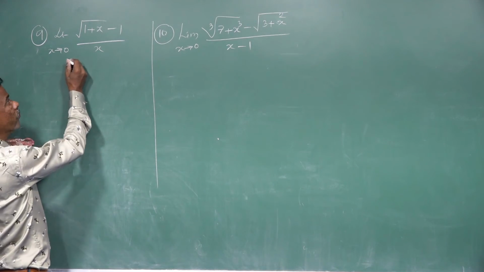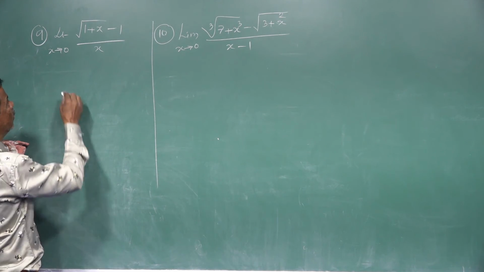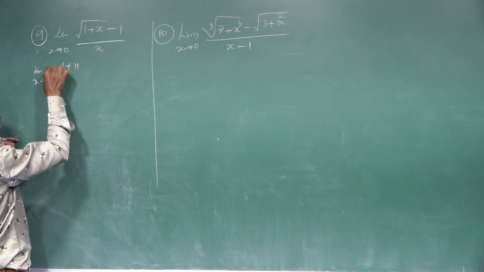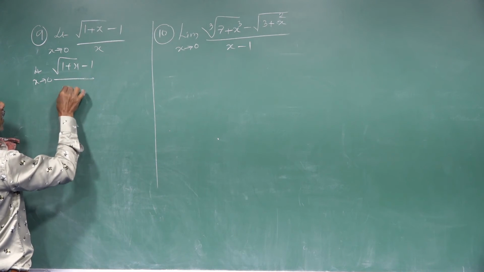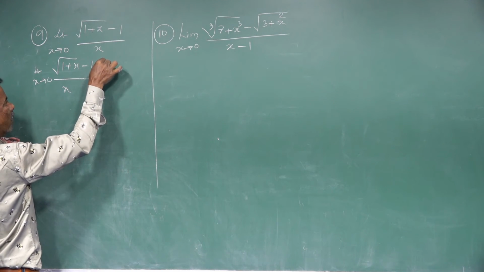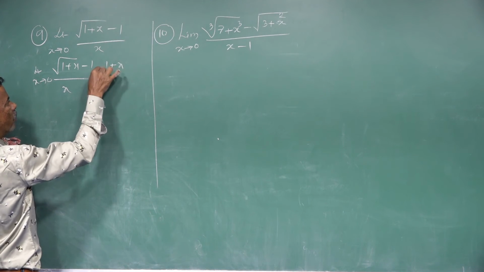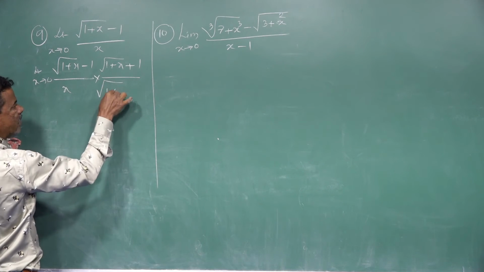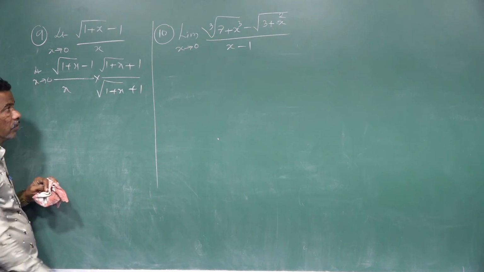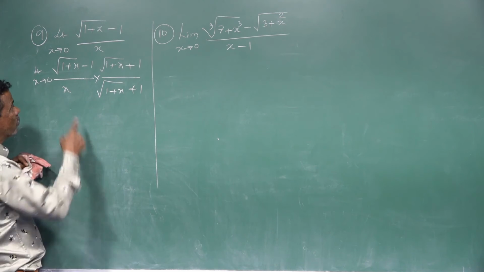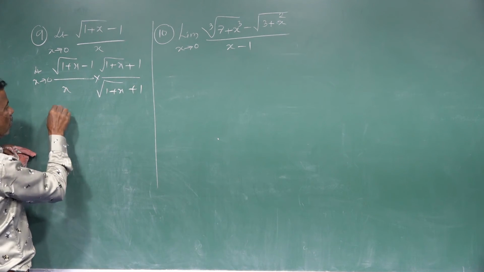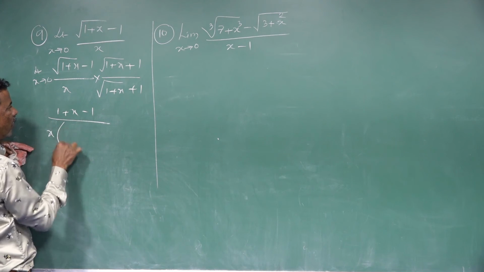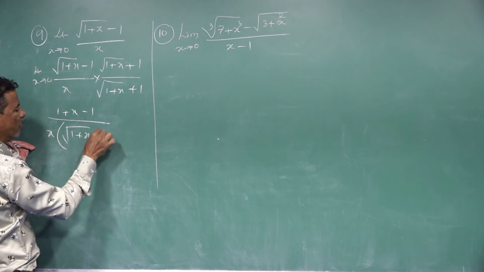In this ninth problem, the numerator also has a root. So, limit x tends to 0, root of 1 plus x minus 1 by x multiplied by the rationalization factor, root of 1 plus x, here minus, so this is considered plus 1. Root of 1 plus x plus 1. This is the rationalization. So a minus b into a plus b, a square 1 plus x minus b square, 1 square is 1, by x multiplied by root of 1 plus x plus 1 as it is.